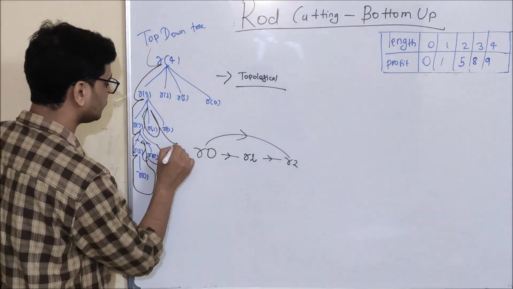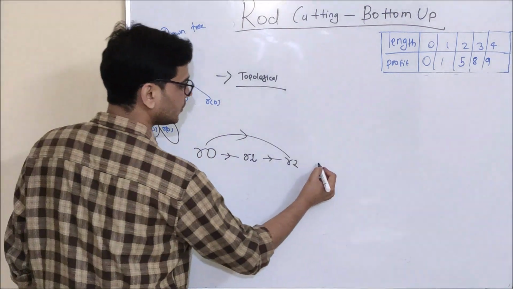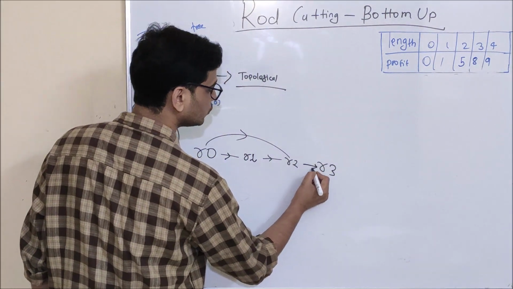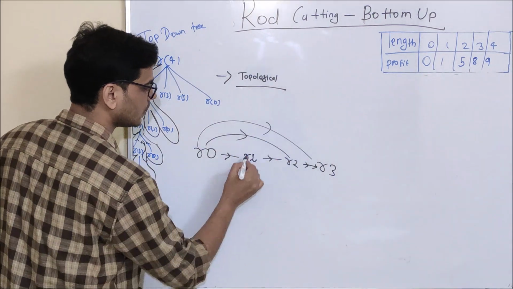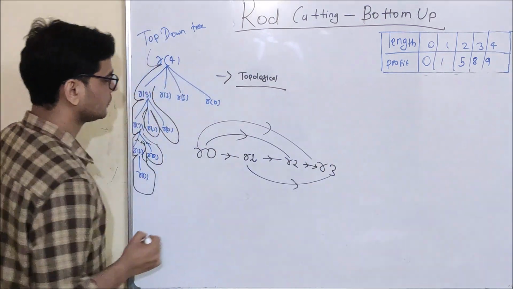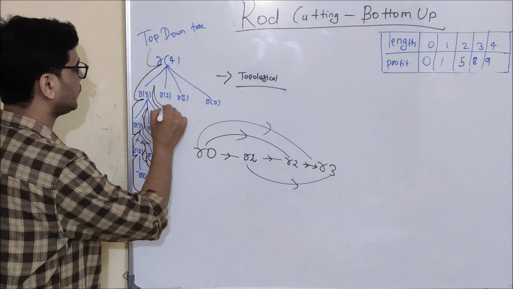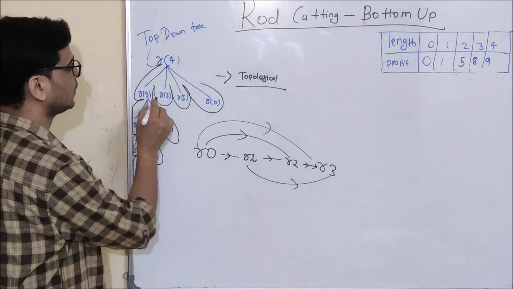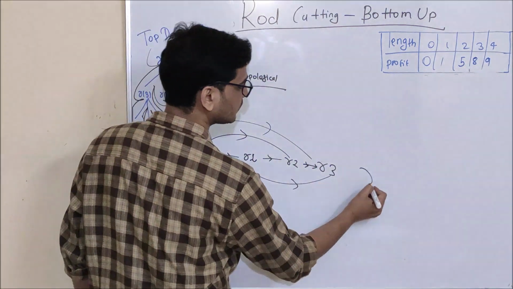Now R3 is getting returned, and R3 is using R2, R1 and R0. After that R2 is closing, again using R1 and R0, and then R4 is closing.